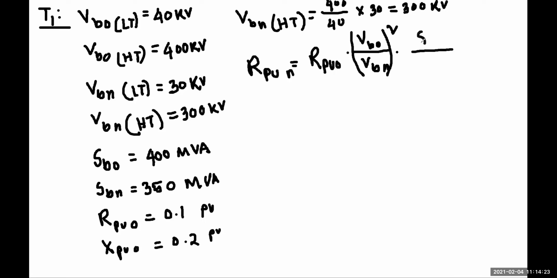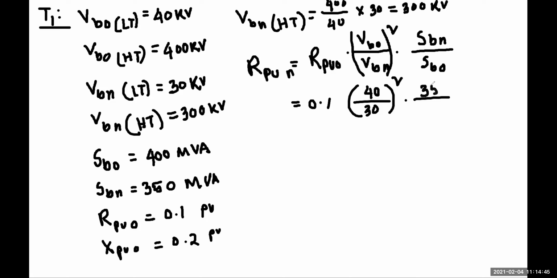For this one, this is S base new. This one is S base old. So what is the value? 0.1. This old is 40. This is 30 whole square. This is new, 350.